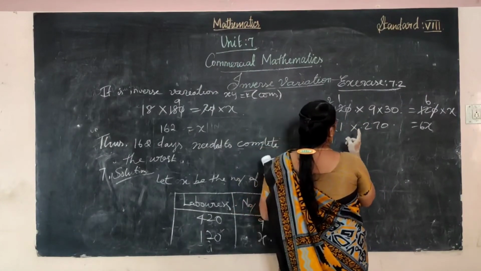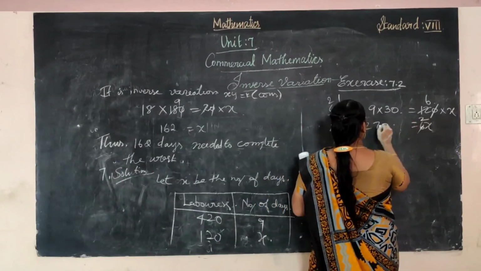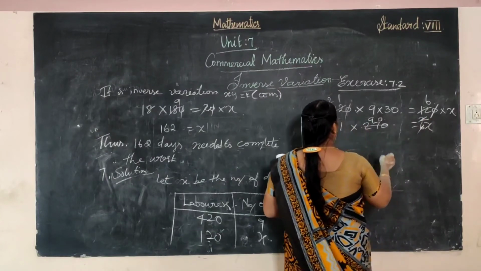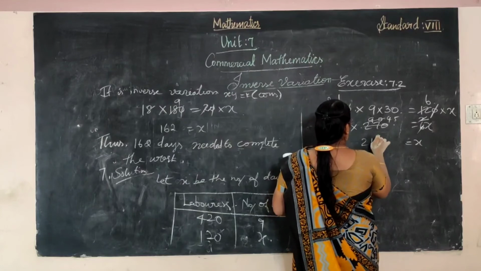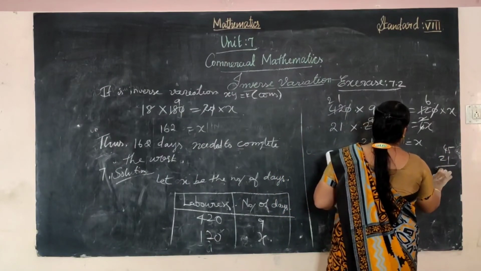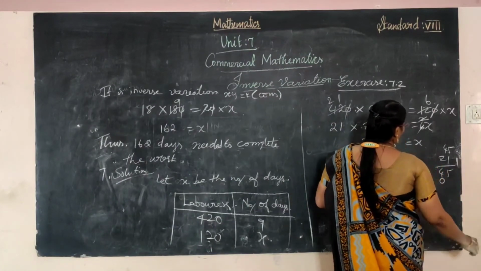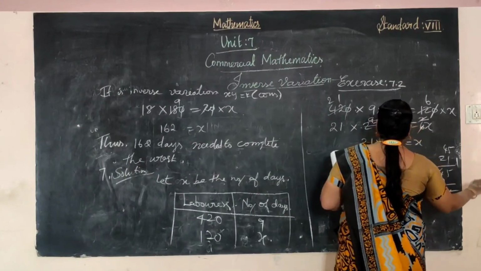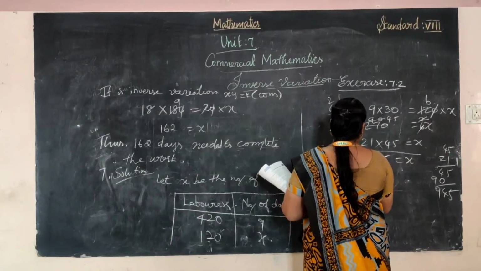Can you cancel in 3 table? 3 2s are 6, 3 9s are 27, so 90. And then it cancels 2 table: 45. So x equals 21 into 45. So 45 into 21: 5 1s are 5... 945 days.